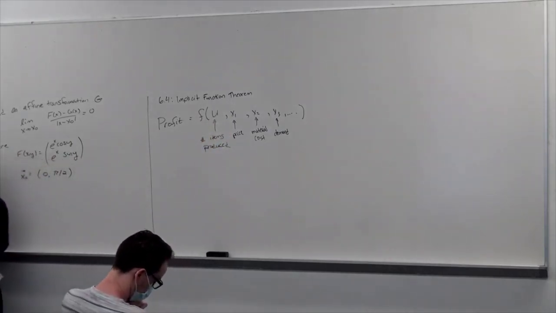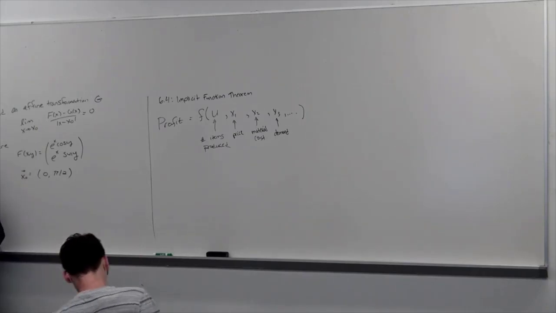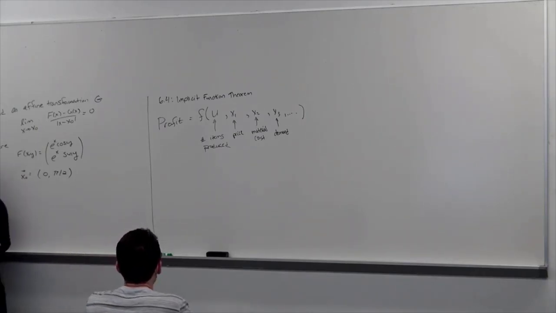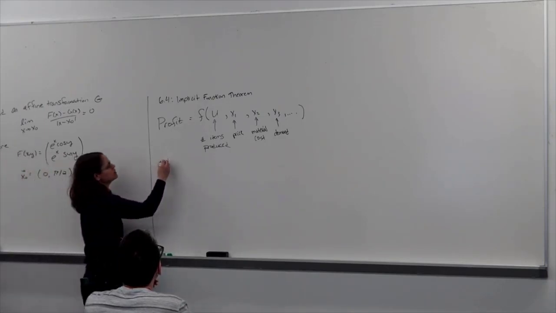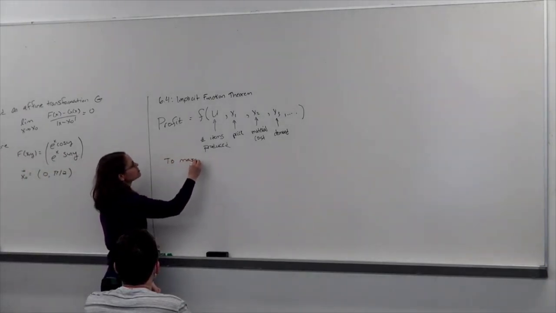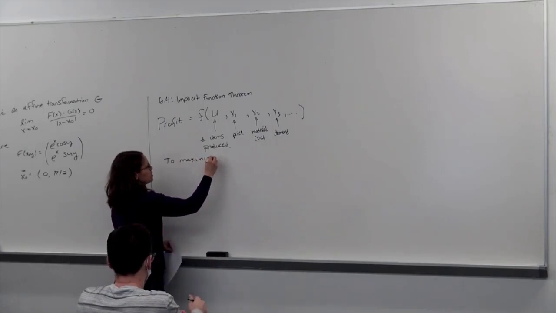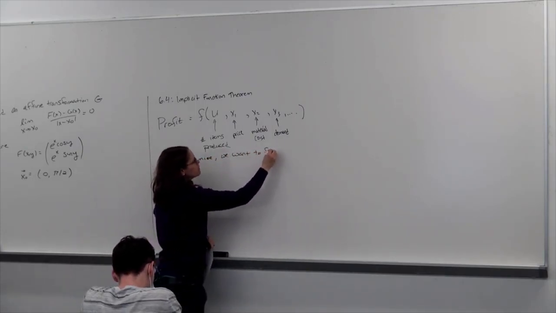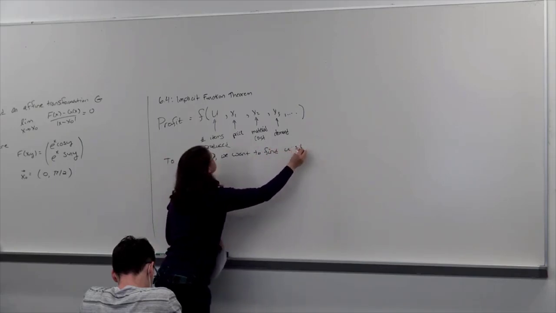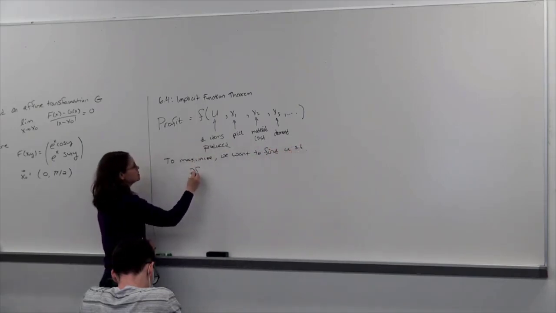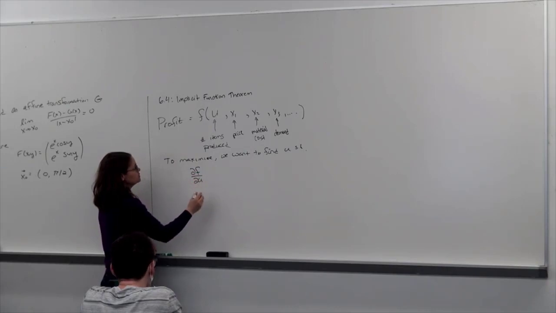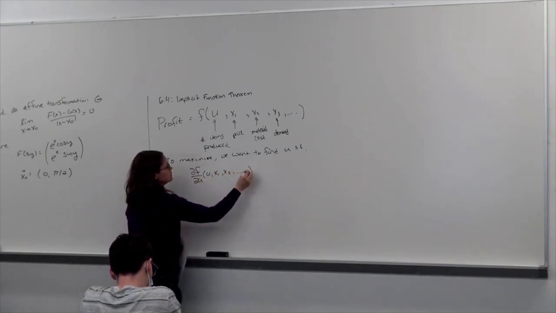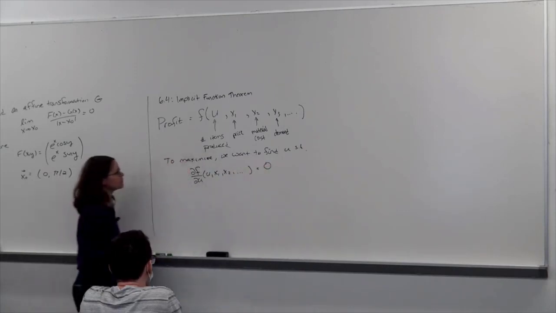So we know that for a maximization problem, we should take the derivative and set it equal to 0, and that will help us find our maximum. So to maximize this, we want to find some u such that df/du is equal to 0.